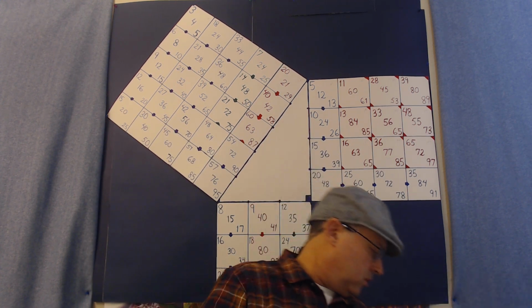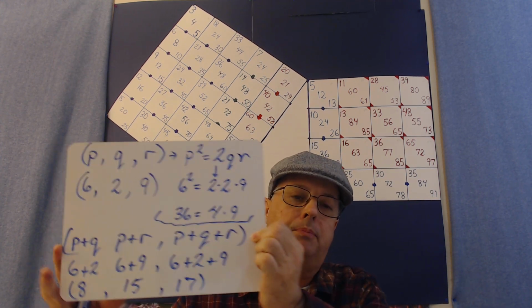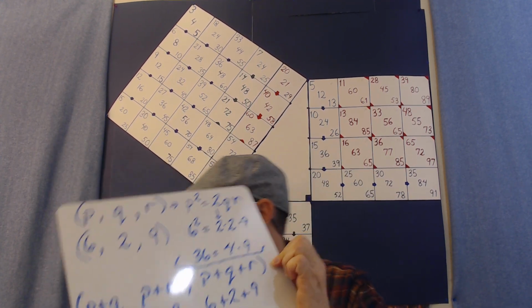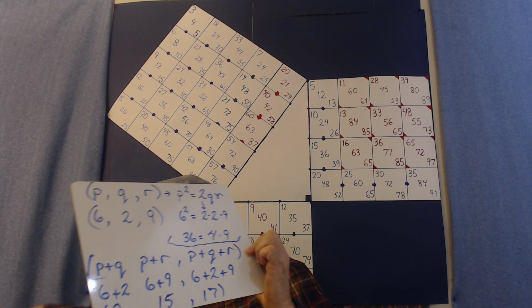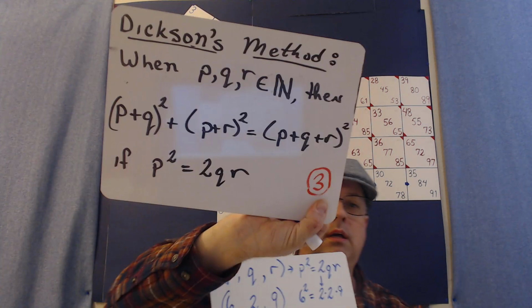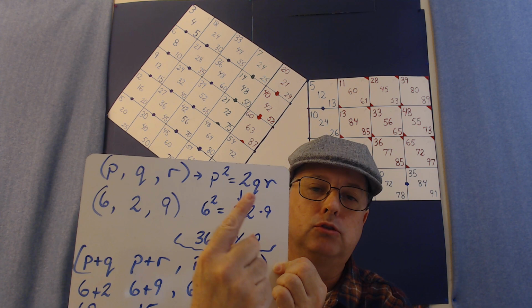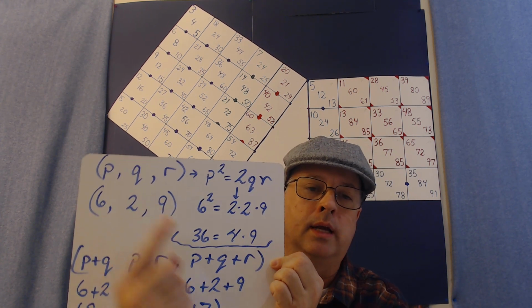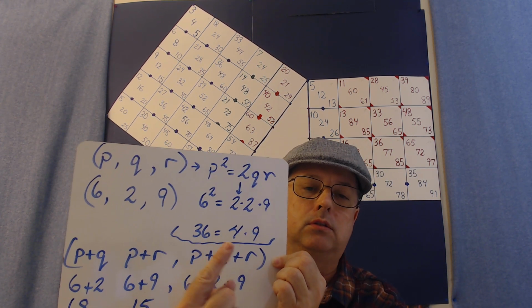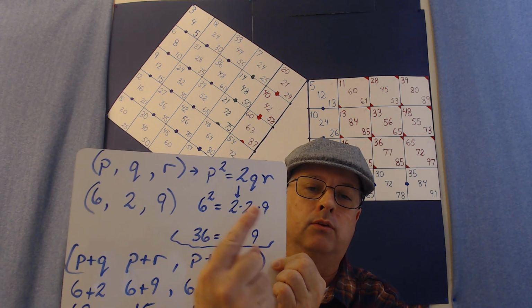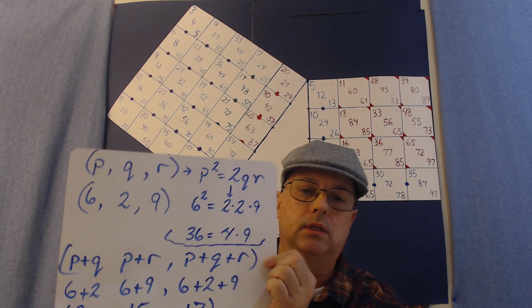Okay, so we might have an idea that the way to generate Pythagorean triples for Dickson's method is just to pick some combination of P, Q, and R such that P squared will be 2QR. Like this combination gives us 36, and the other side also gives us 36.